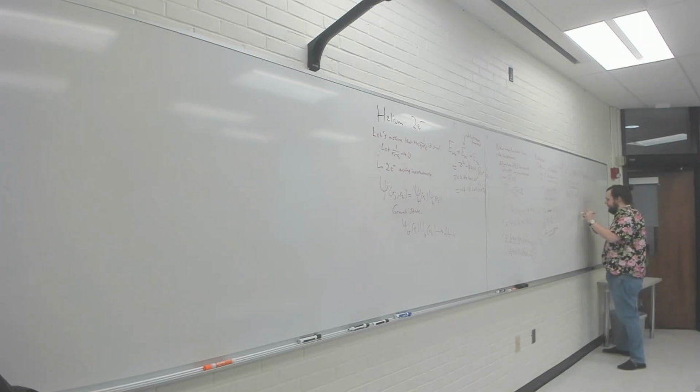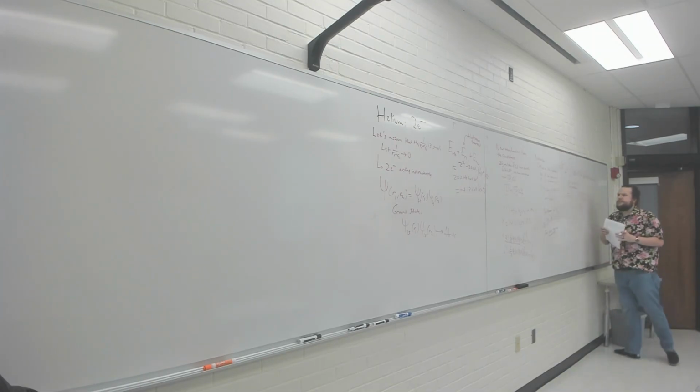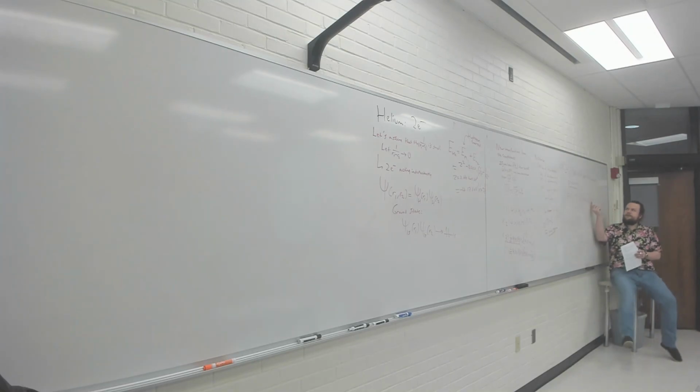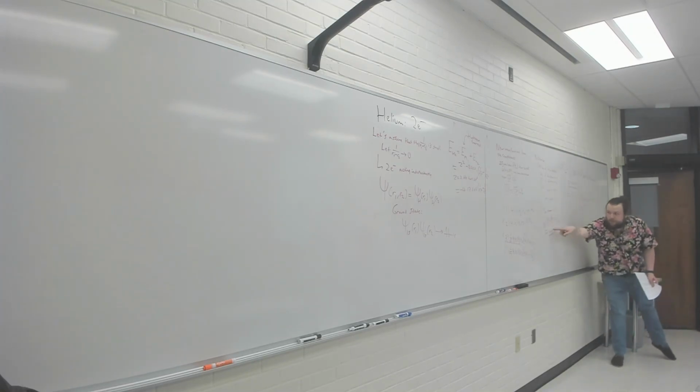It works out to 5Z over 8, times a factor of, actually I'll erase that there. I'm missing a term. It calculates to 34 eV. So what this calculates by using this guess, this guess that explains our electrons.